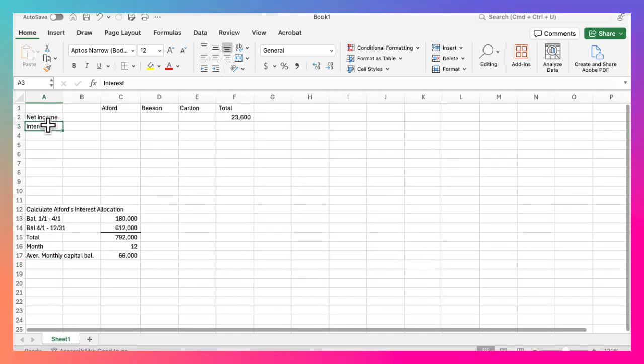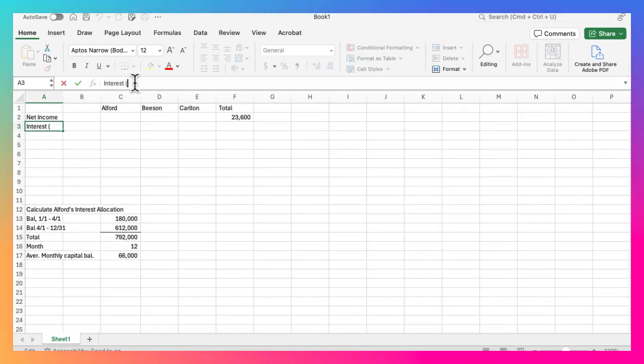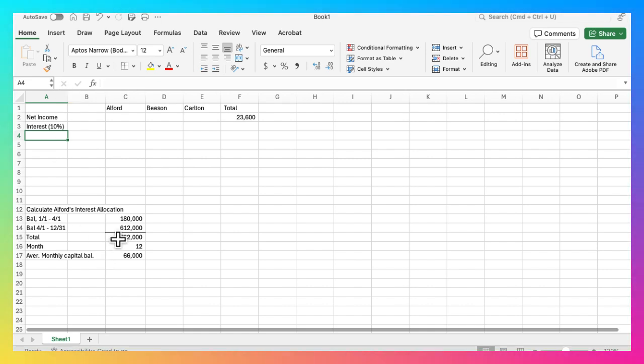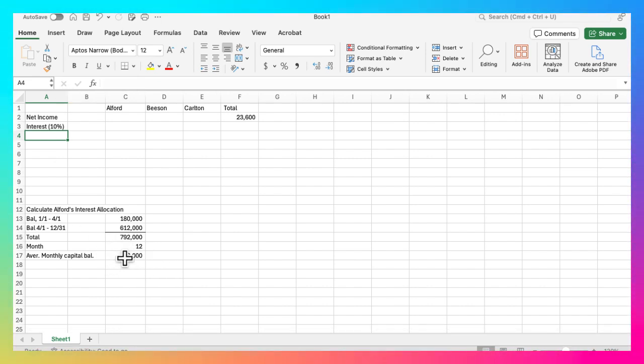Now, scroll up a little bit. Remember, what we're trying to calculate here is that interest at 10%, and that interest is based on their capital balance. So what we needed to figure out was the average for Alfred.